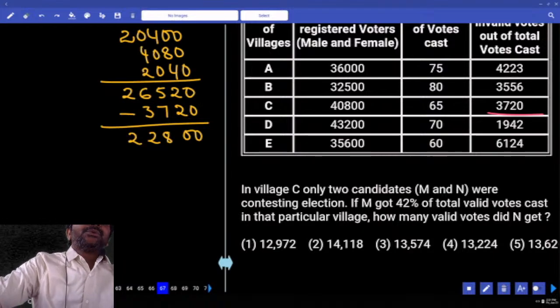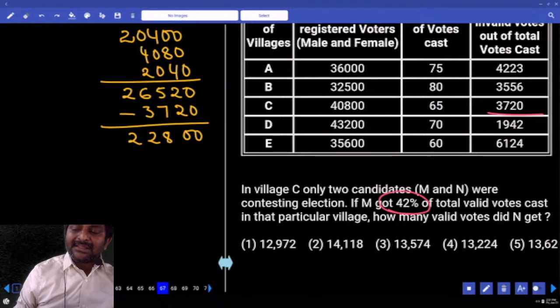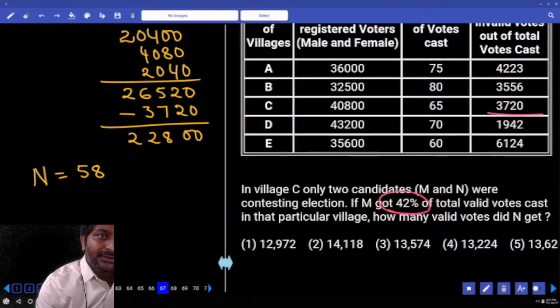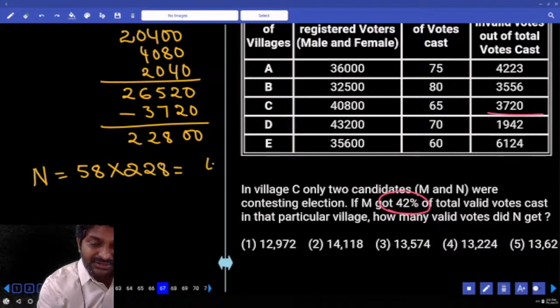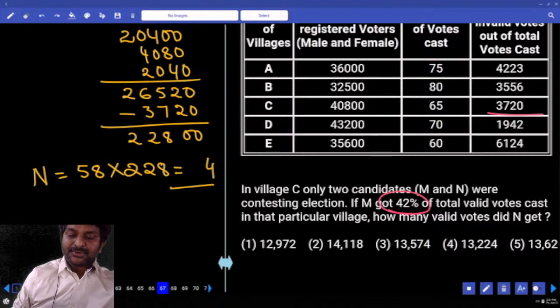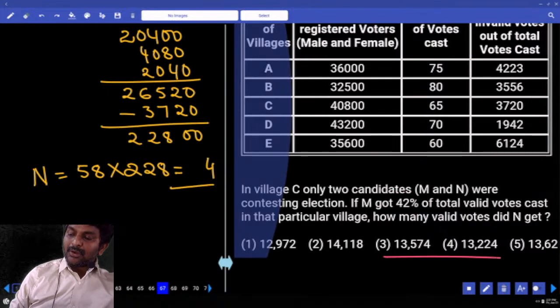Out of this 22,800, M got 42%. Then the other guy will get 58% of which number? 22,800. 58 into 1% value. Answer should end with? 2 options are there.